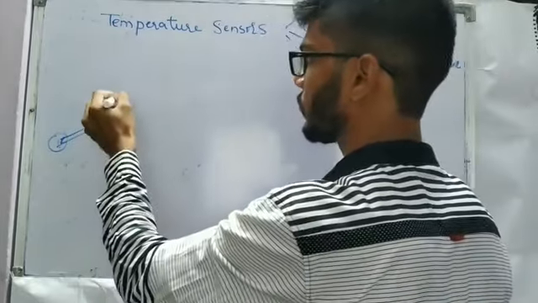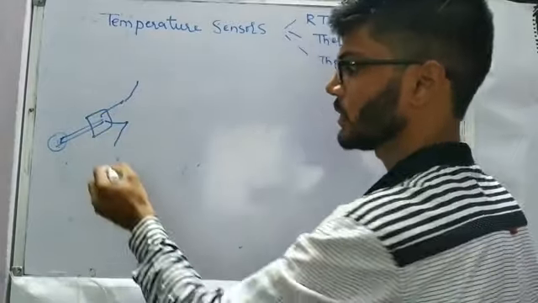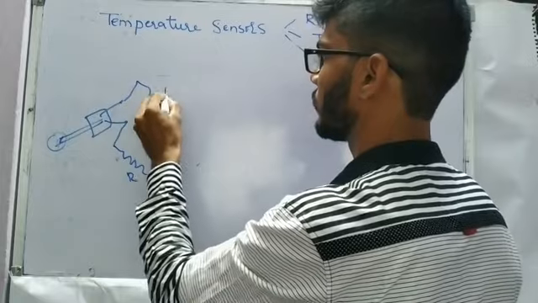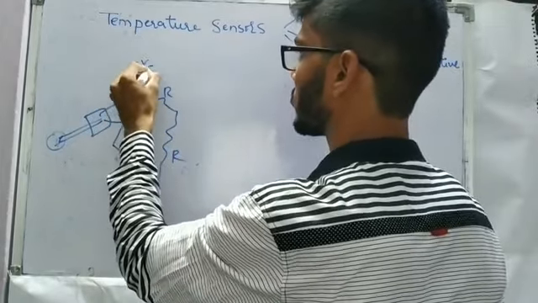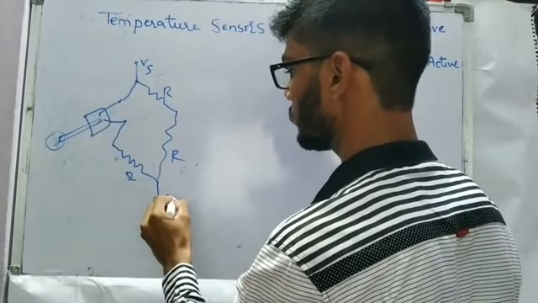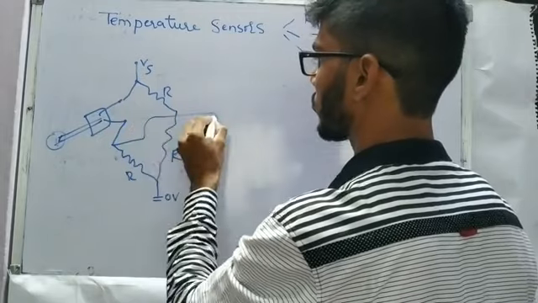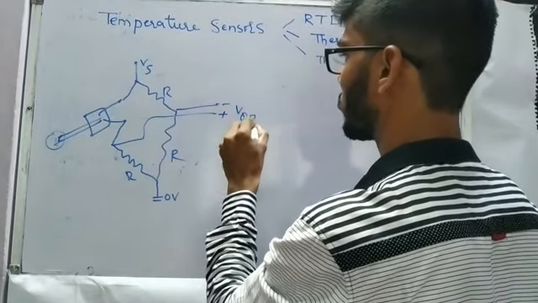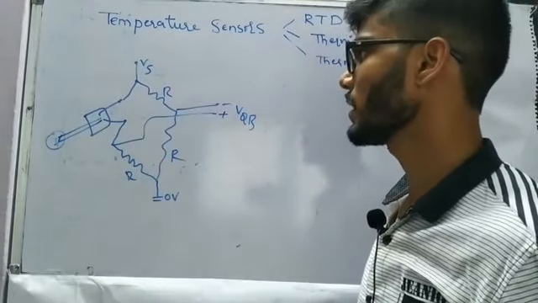If this particular sensor we use in one arm of the Wheatstone bridge, and the other arms of the Wheatstone bridge I take as resistance R, and let us assume it is supplied with the supply voltage Vs, at these two terminals we are going to take the output voltage plus minus V of quarter bridge, because only one arm is being sensed, so this is going to be known as quarter bridge.